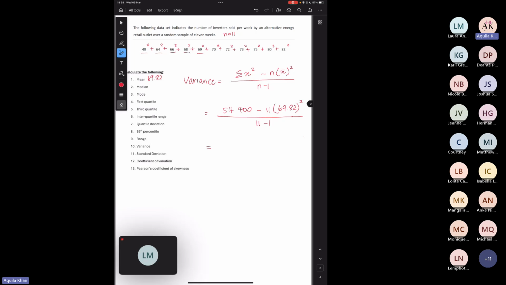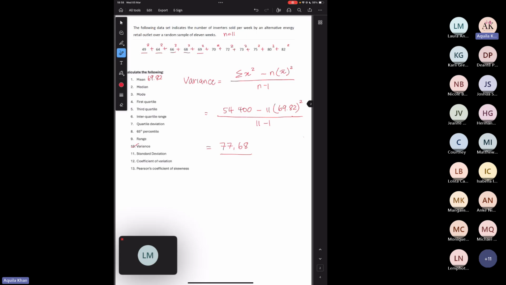You can literally put that into your calculator with the use of brackets, as you can see around the 69.82. So type in 54,400 minus 11 and then open bracket 69.82, close bracket, square, and then over 11 minus 1. So this then will give you an answer of 77.68. And that's your variance done. No explanation needed for this one.